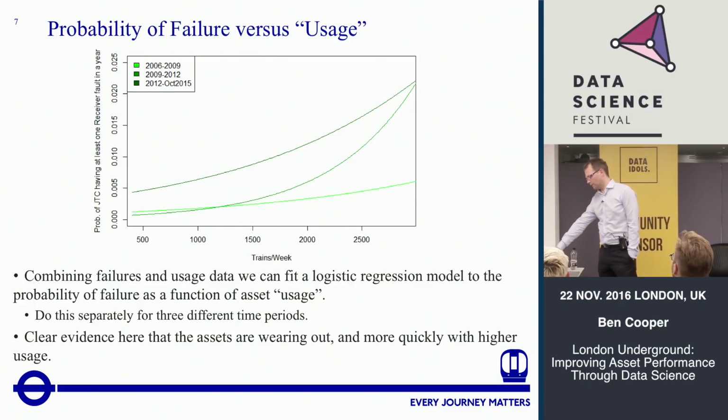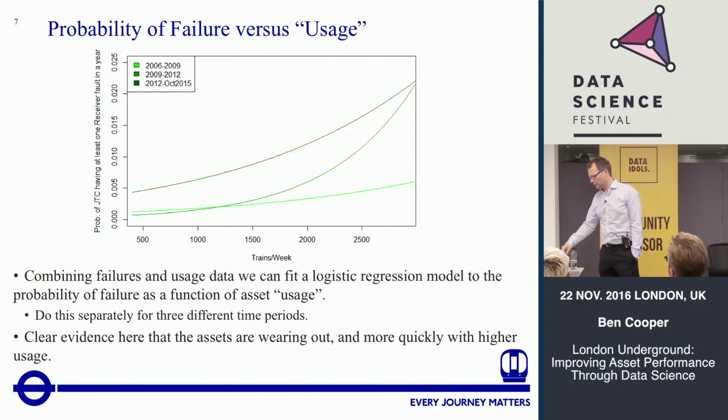Furthermore, we've split the data set that we used to train the model into three different time periods. You've got a very early period, which is the lightest green. Sorry, they're not particularly distinguishable. Then a slightly darker green, the next time period, 2009 to 2012, and then 2012 to 2015.